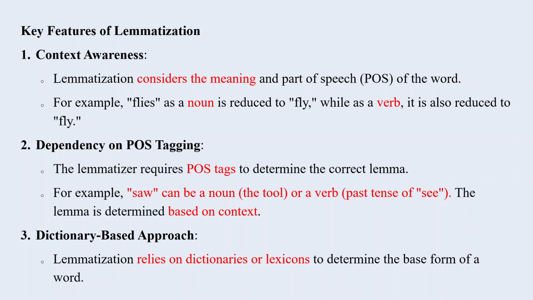If it is the past tense of see, we have to consider it as see. That meaning should be understood by lemmatization, and it provides the output to the user based on the context and a dictionary-based approach. It relies on dictionaries or lexicons, meaning the keywords available in the dictionaries are used to identify the base form and retrieve it to the user.